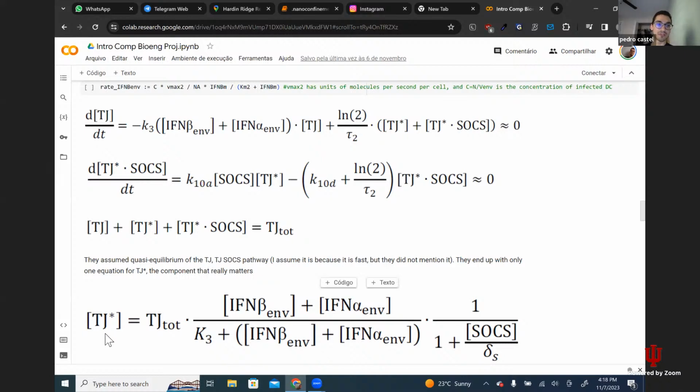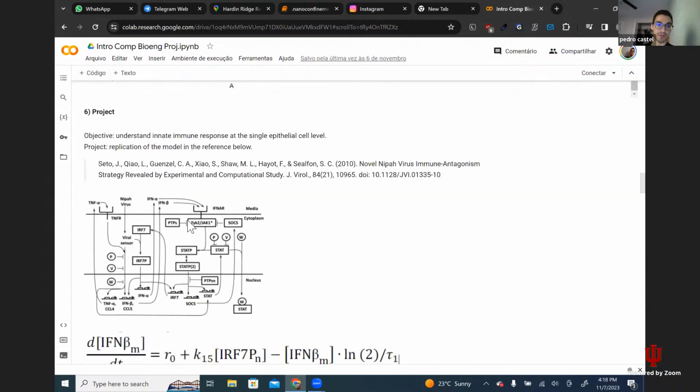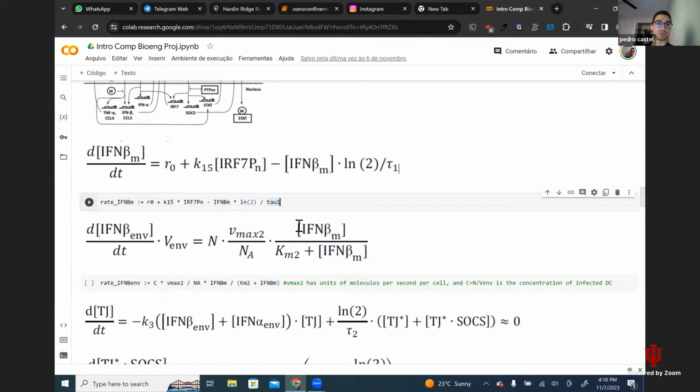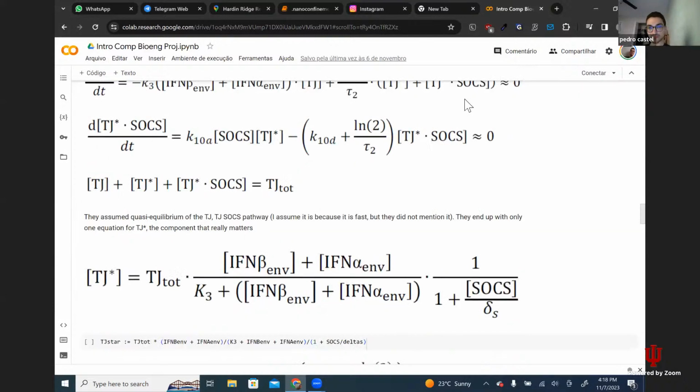In this case, they are interested in the levels of TJ, which is the binding site to interferon. When they are phosphorylated, they trigger the STAT signaling pathway. So they are only interested in the TJ phosphorylated. So they can derive the TJ star here as a function of everything else. So there are no ODEs here, which is nice.